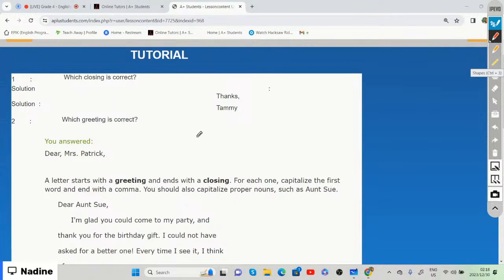So we need to say which one is a correct closing. Which closing is correct?